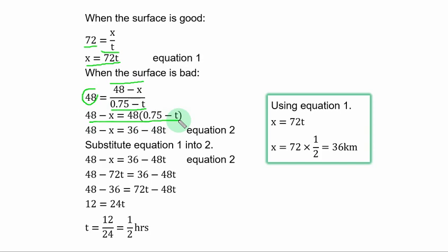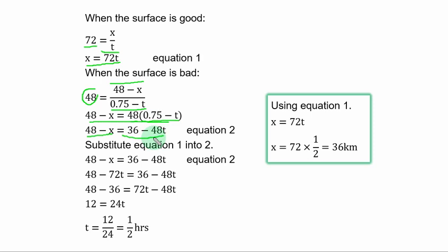If you expand the right hand side, you have 48 minus S equal to 36 minus 48T. That is 48 to multiply the terms in the bracket. So you call that equation 2.